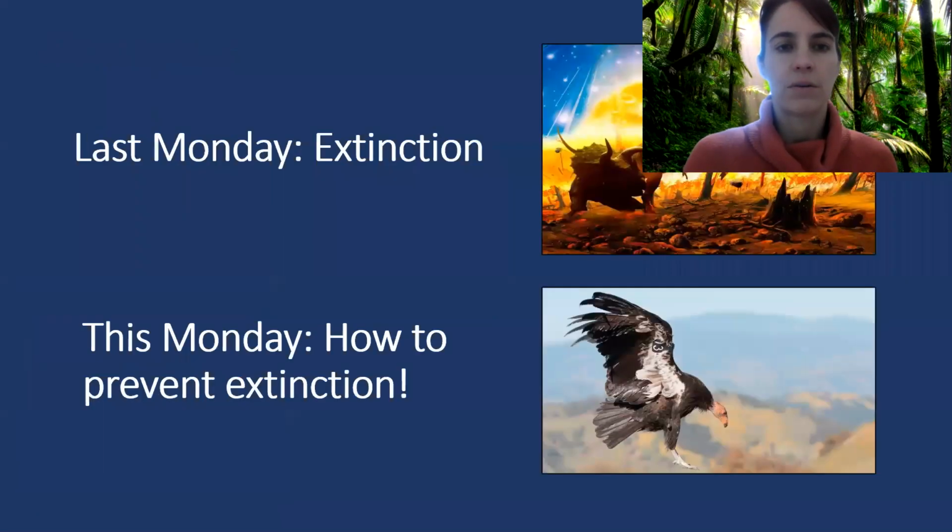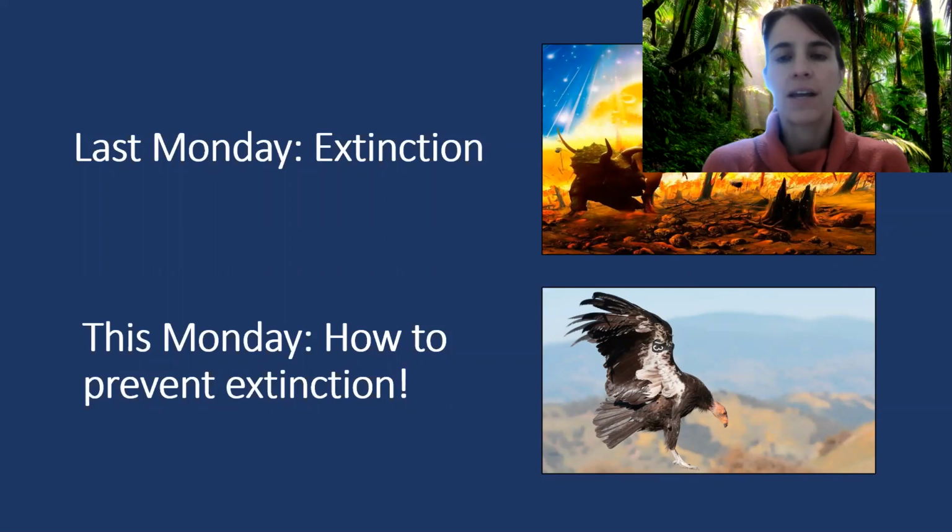And part of the reason that there's no additional video is because last week we worked on a closely related topic, extinction. And so first we covered extinction. What is extinction? How can it happen? And now I put this Monday, but it's this Wednesday. Now we're going to talk this Wednesday about how to prevent extinction. But you already kind of worked on that last week in your workshop.